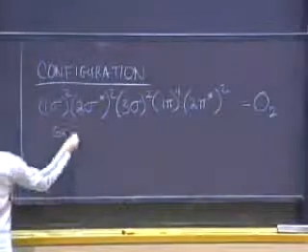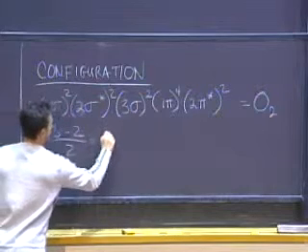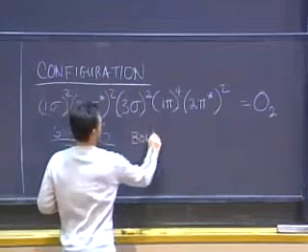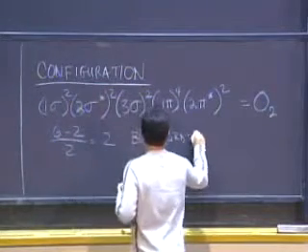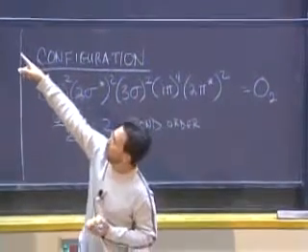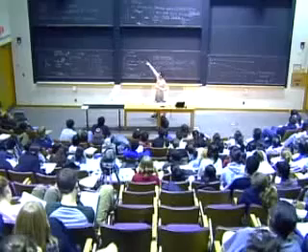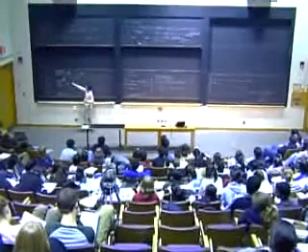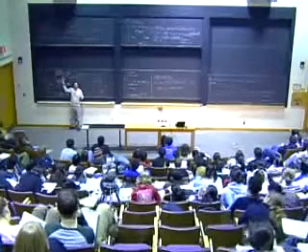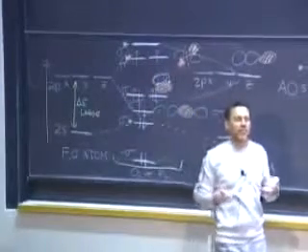We have 6 bonding electrons minus 2 anti-bonding electrons over 2, which is going to be equal to a bond order of 2. That's our bond order for O2. So while the bond order is what we expect to find based on that valence bond representation of O2 up there, what we find out is that that representation in the valence bond terminology wouldn't tell us that the molecule should actually have 2 electrons that are not paired, that it should have magnetism, paramagnetism, due to the lack of pairing up of all the electrons, spin pairing in the molecule.